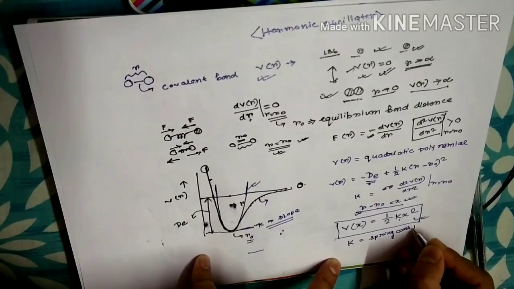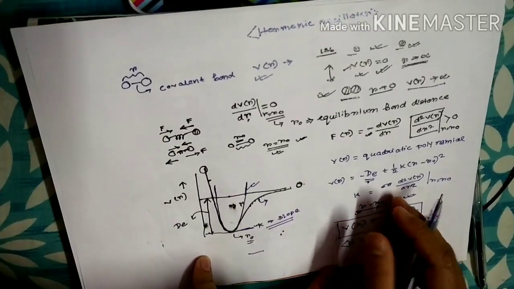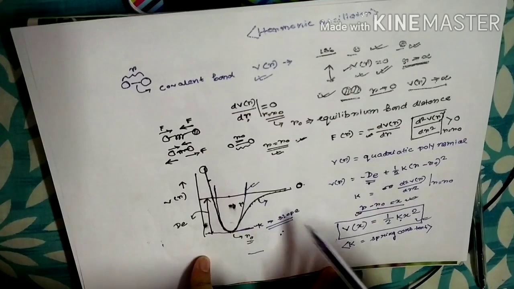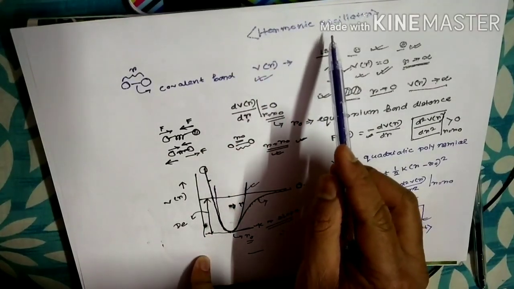The greater the value of k, the steeper the parabola. So this is the potential energy function derived for these types of harmonic oscillator systems.